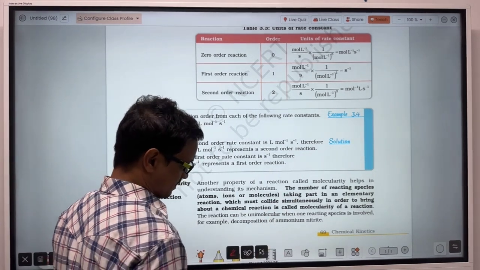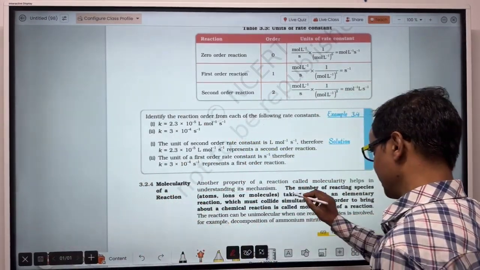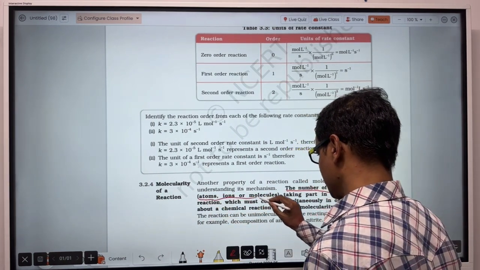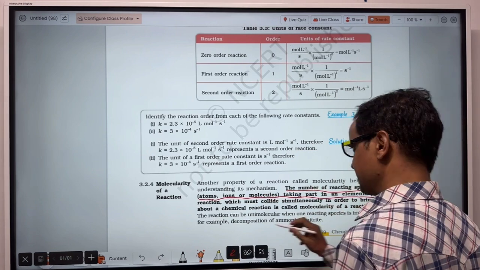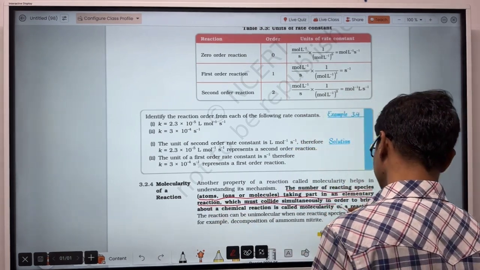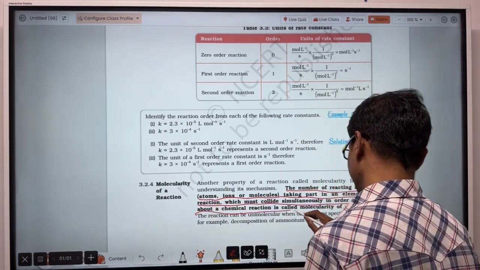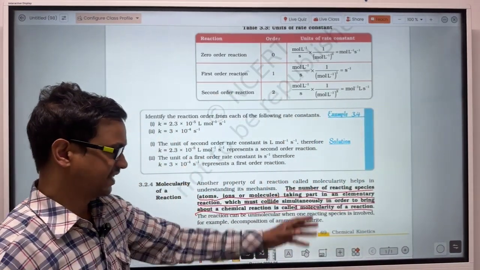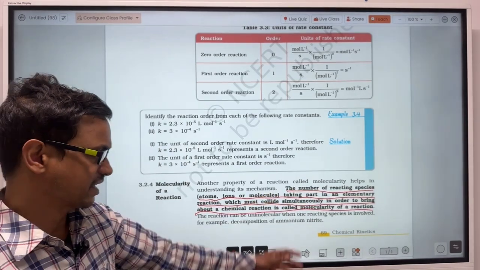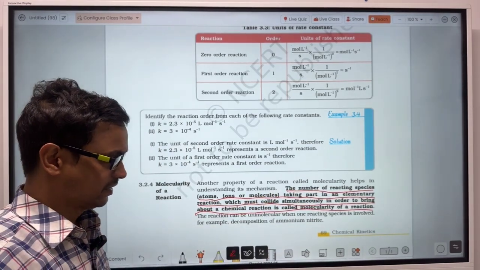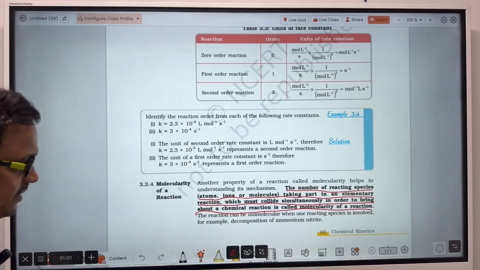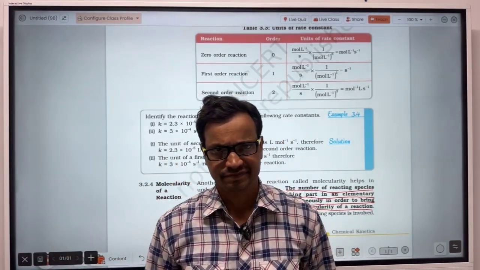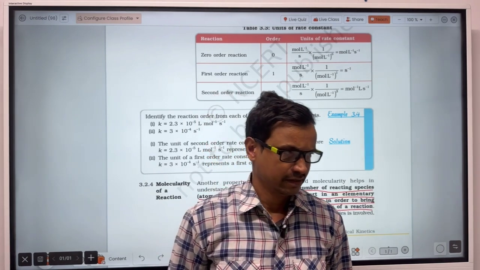In the NCERT book, this bold line is given for examinations: the number of reacting species, may be atoms, ions or molecules, taking part in an elementary reaction, which must collide simultaneously in order to bring about a chemical reaction. You may also write it in this way. So, guys, keep this in mind.